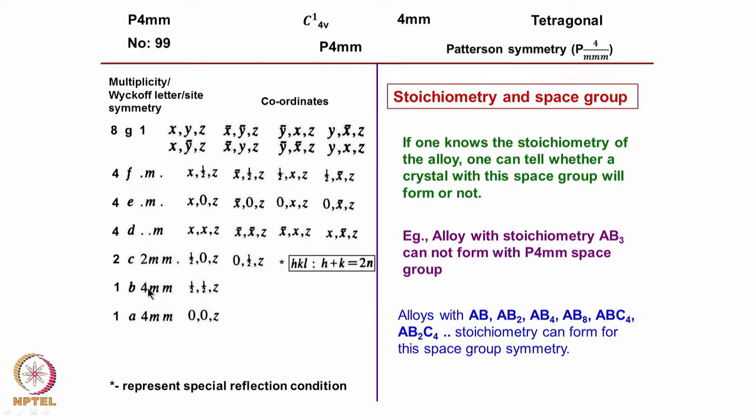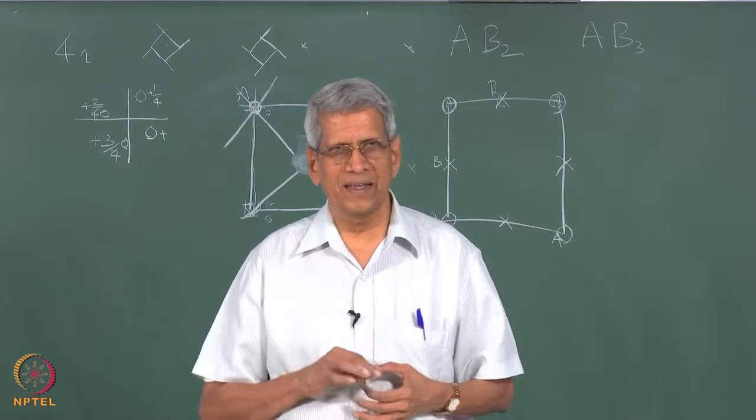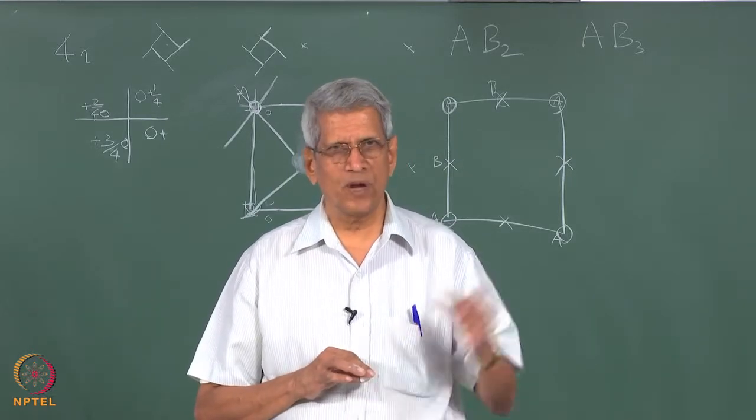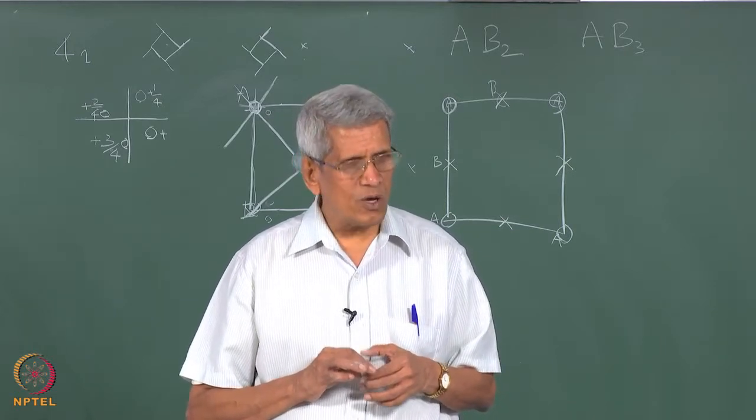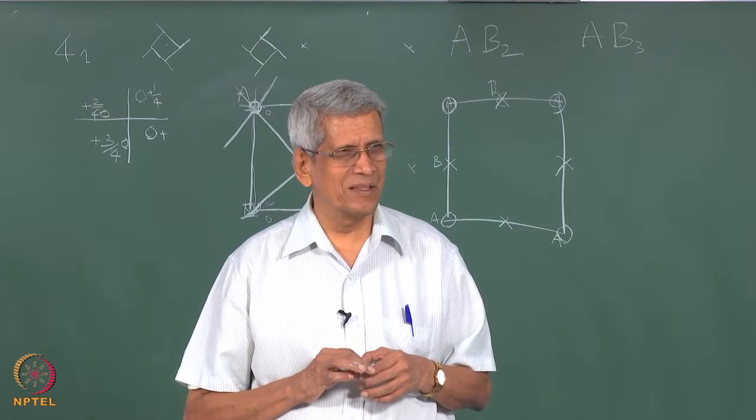Suppose in the unit cell what we wanted to have is not AB, but assume 8 atoms, that is A4, B4, stoichiometry is AB, but 4 atoms of A and 4 atoms of B have to be there. So how will you go about it now?